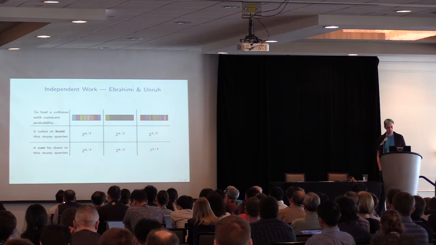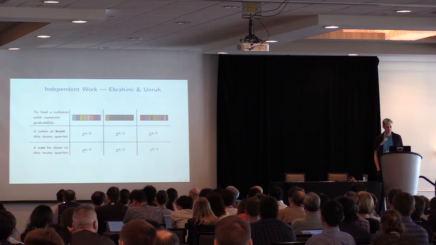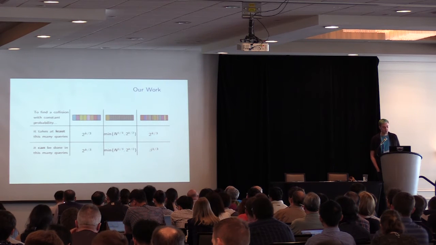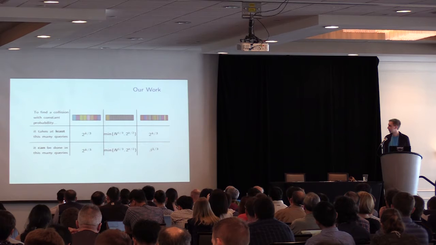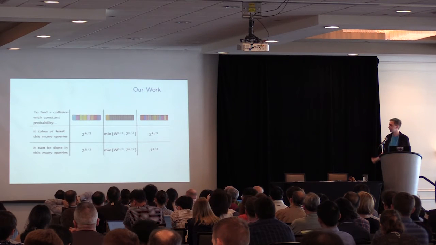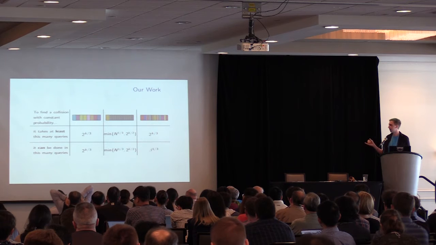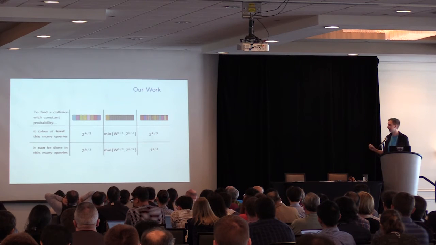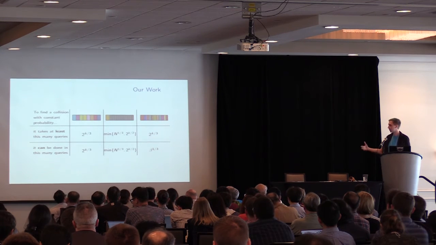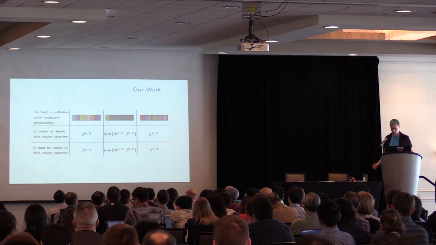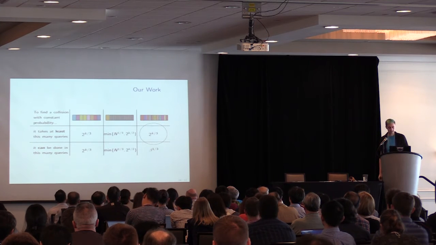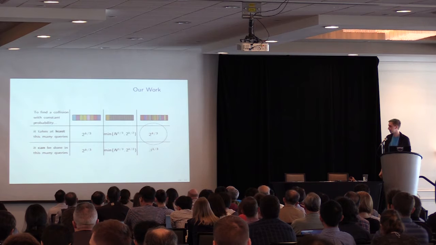In our work, which was done independently, we update this a little bit. In that delta column, we didn't have fundamentally different results. It was more that we were considering different ranges of m and n. So we mostly got the same result there. However, notably, we have updated this corner of the table to 2 to the k over 3.